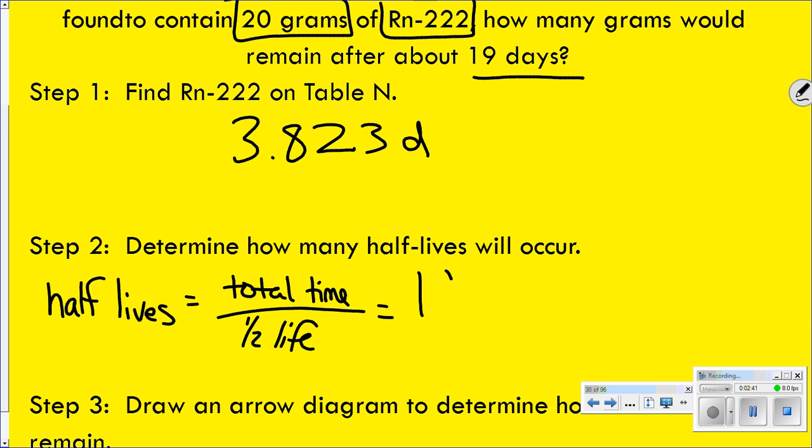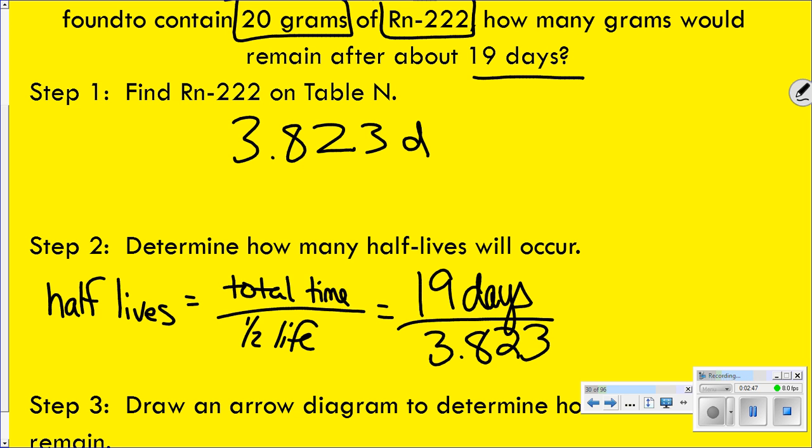In other words, 19 days over 3.823 days. Keep in mind, it does say about, so you can actually have decimal half-lives, and you can deal with those in certain problems. This comes out to about 4.9, so we round this to about 5 half-lives, and that's all that we really need to do in this particular unit.